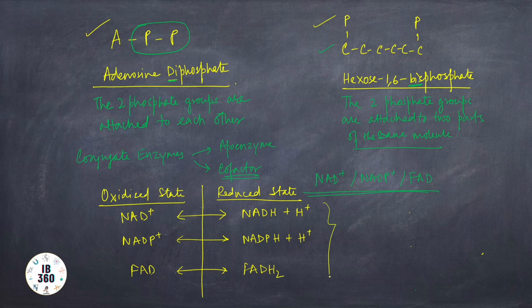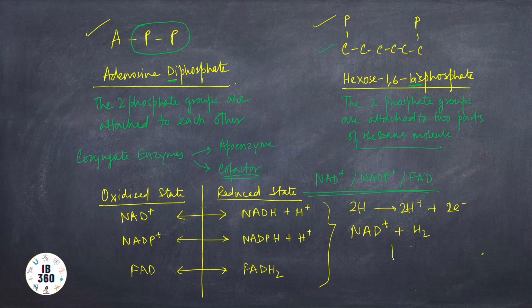So what is happening here? A hydrogen atom consists of a proton and an electron, so a hydrogen atom means H+ and 1 electron. In the reduction reaction from NAD+, it gains H2, that means 2 hydrogen atoms, so 2 H+ and 2 electrons. One electron will nullify its charge.